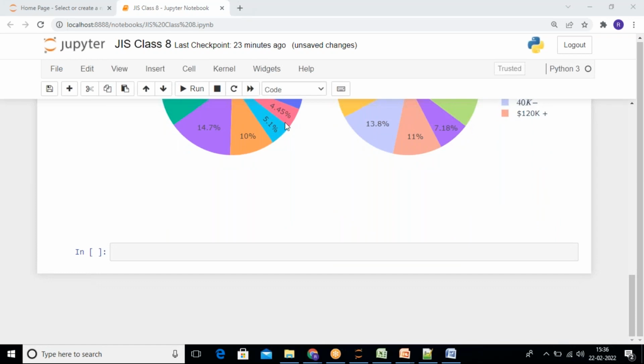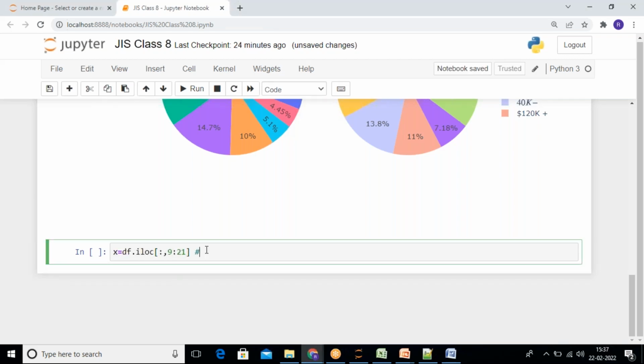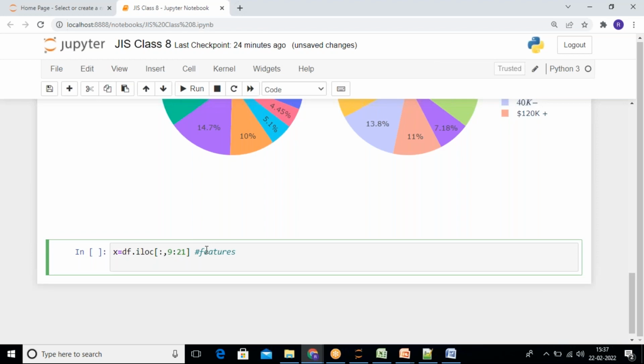Chalo, perfect. So here, suppose we will take the data set from 9 till 21. Let me assign the data set from 9 till 21 on the X, the features. Okay, on X feature. Getting the point? Let's assign from 9 till 21 as features.